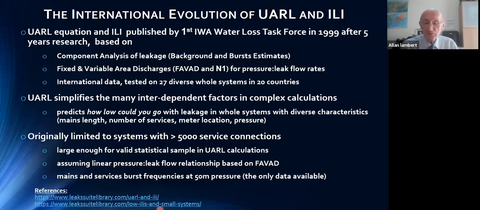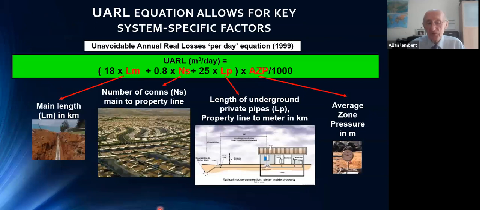Now, relationships between pressure and burst frequencies didn't exist in 1999, so we had to use fixed burst frequencies based on international data, standardized for 50 meters pressure, and we use those whatever the pressure. So that is something that was missing from the original UARL equation.